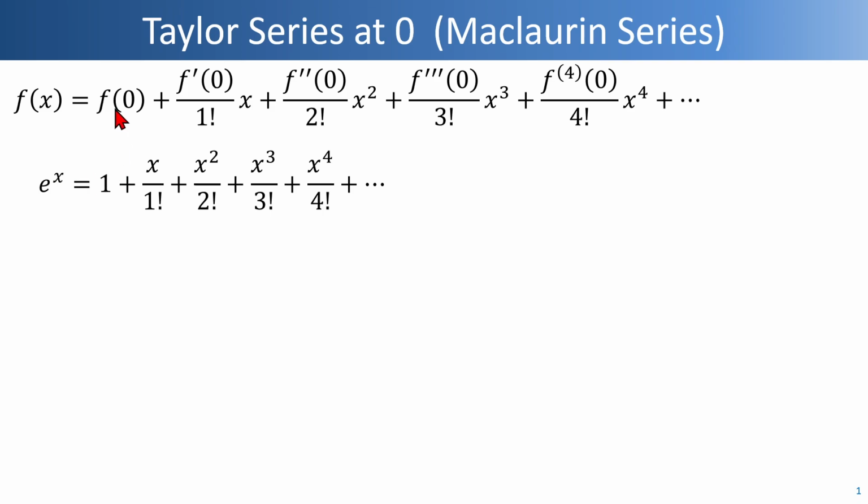So the function evaluated at 0 will be 1. All of these derivatives evaluated at 0 will be 1. So we just end up with the following expression where we have x over 1 factorial, and x squared over 2 factorial, plus x cubed over 3 factorial, etc. This power series on the right is exactly equal to e to the x.